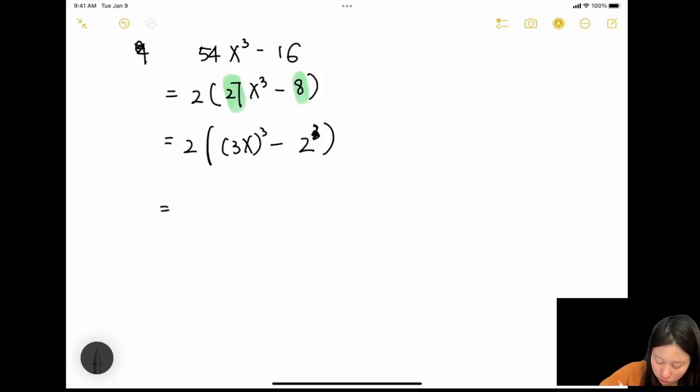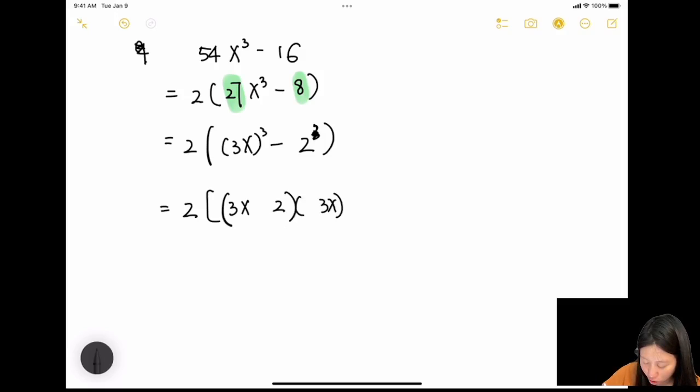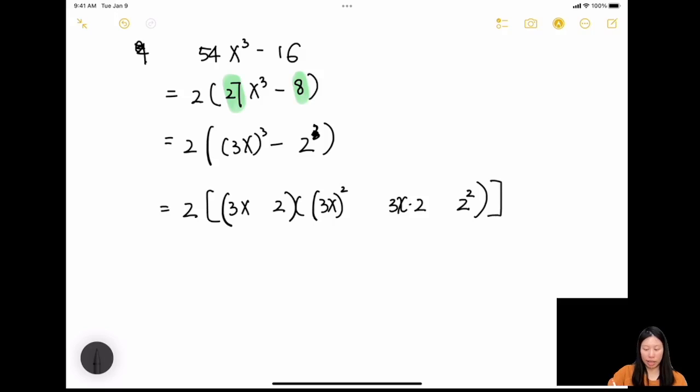And then we use the difference of cubes, which is a minus b, times a squared, a times b, and then b squared. And for the sign, don't forget the bracket: same, opposite, always positive.